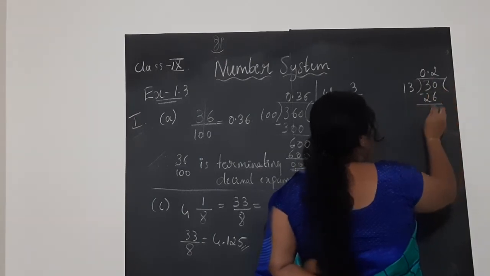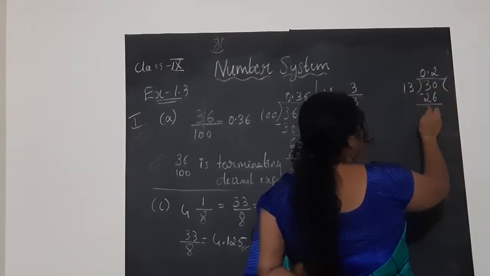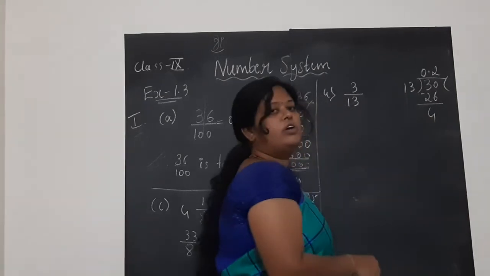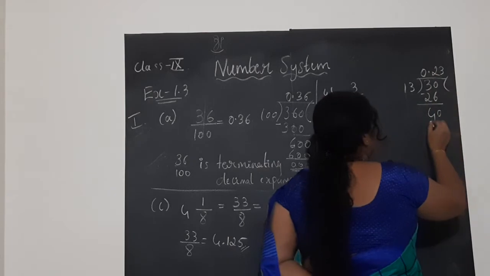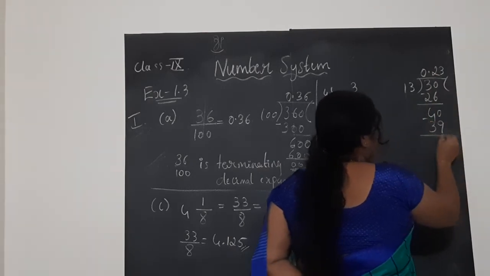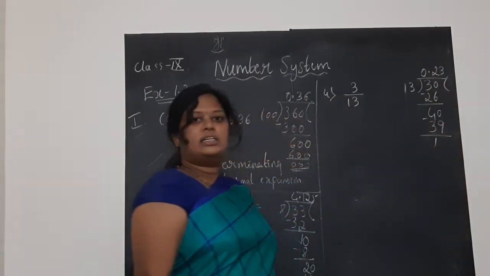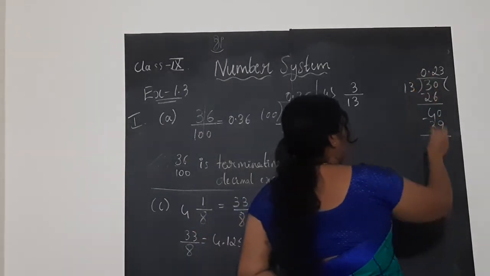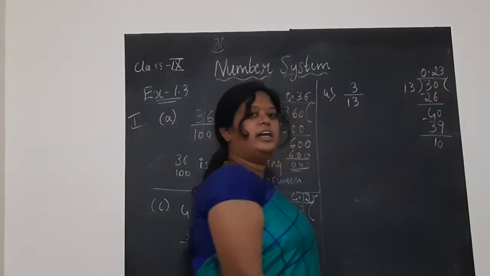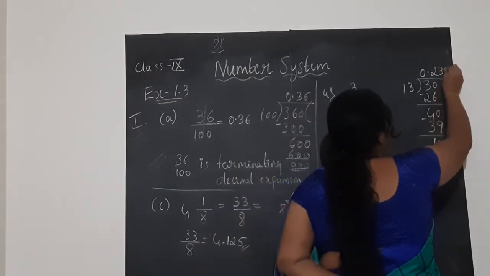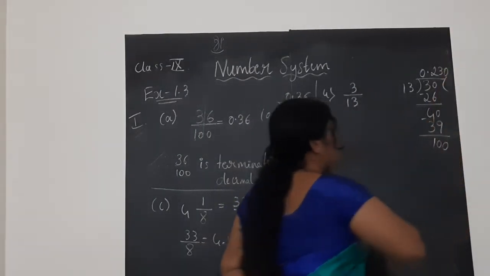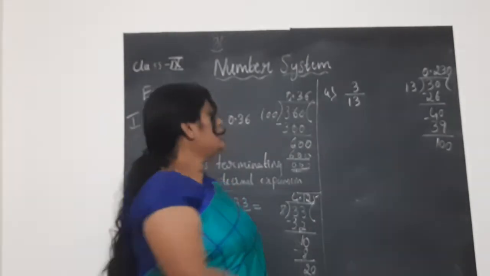When you subtract 26 from 30, you get remainder 4. The decimal point is there, so take 0. 13 3s are 39. 40 minus 39, the remainder is 1. Make it 10. Is 10 divisible by 13? No, not possible. So you should add one more 0. In such a case, we got 100.